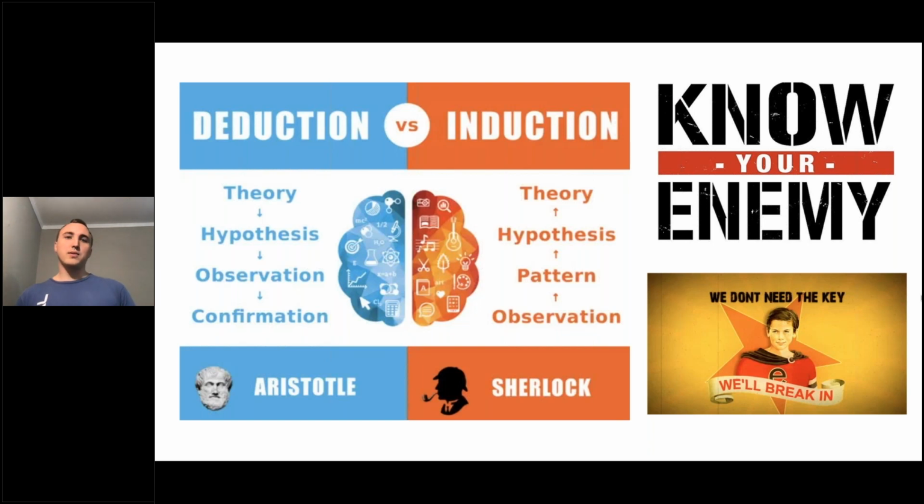It's in inductive logic where you can start to make broader assumptions about your target based on what you're seeing. First you observe a pattern by connecting data points you've collected about your target, and then understand what that pattern is telling you or make inferences about it.